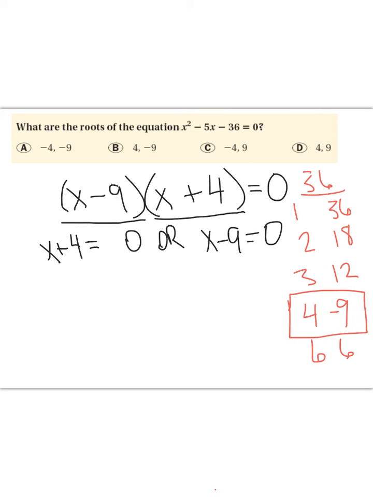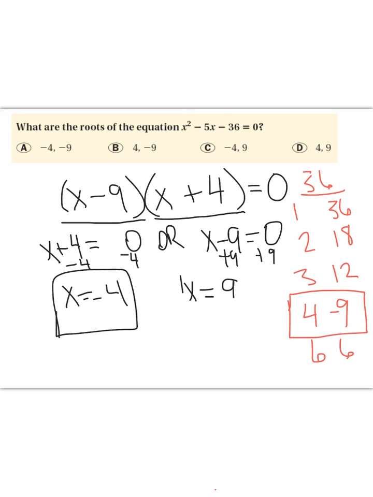So I'm going to solve each of them separately. And I've found my roots to be negative 4 and 9. So the correct answer is C.